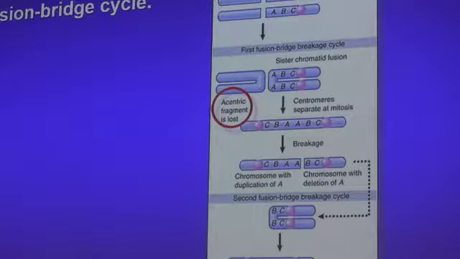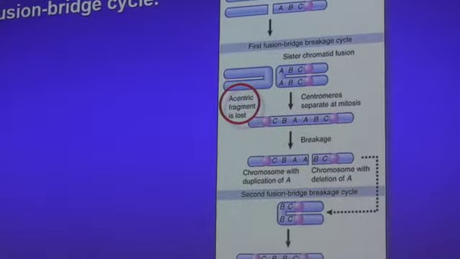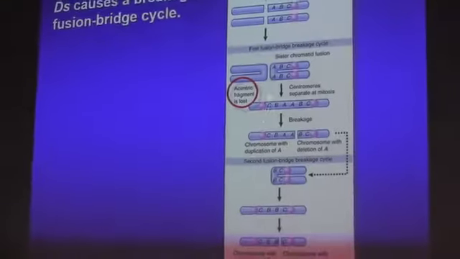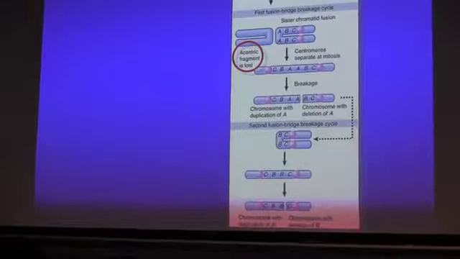That's not good, because this right here has no centromere, and even this is not good because you have 2 centromeres, and that means one gets pulled to one pole and one to the other, and it causes breakage. Fusion and breakage. DS is especially prone to this kind of disruptive influence on the genome.